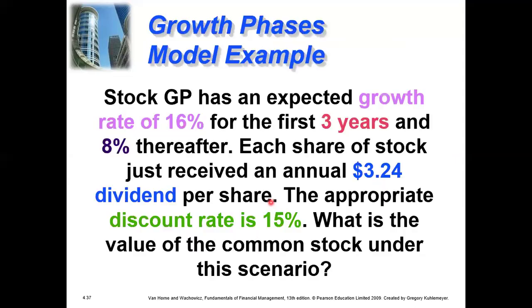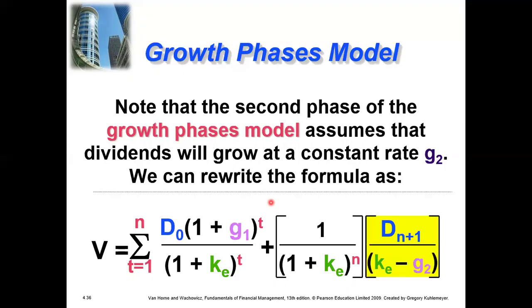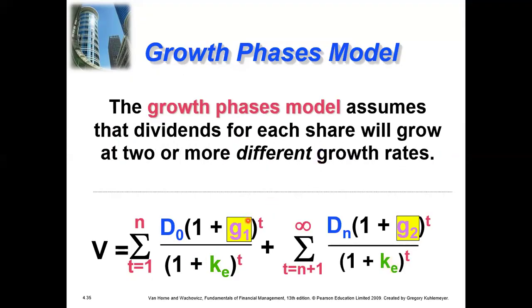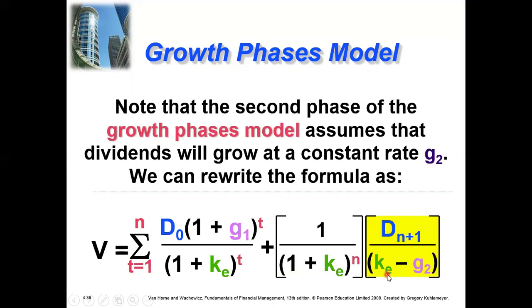K is the discount rate. G is growth in the dividend, the growth in the upcoming dividend. G2 is the second growth rate that is given. And K is the discount rate.